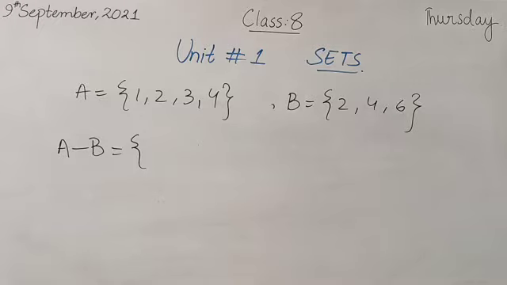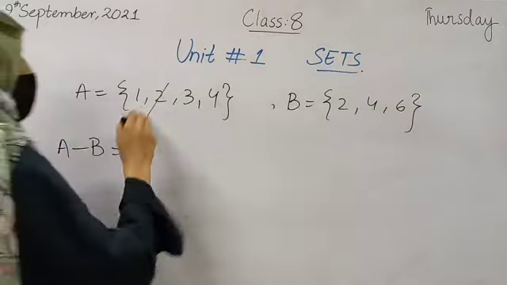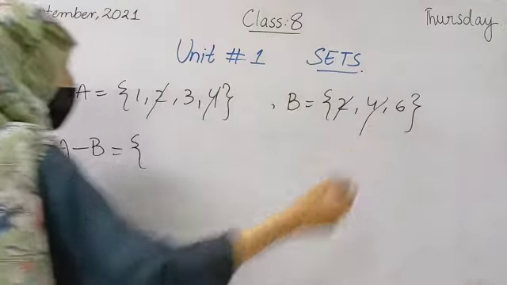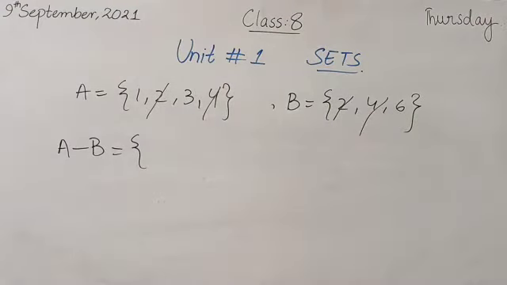Difference will be set of those elements of set A which are not in B. And easiest way to find out the difference is cross out the same elements. 2 and 4 are present in both sets. So cross out these elements.